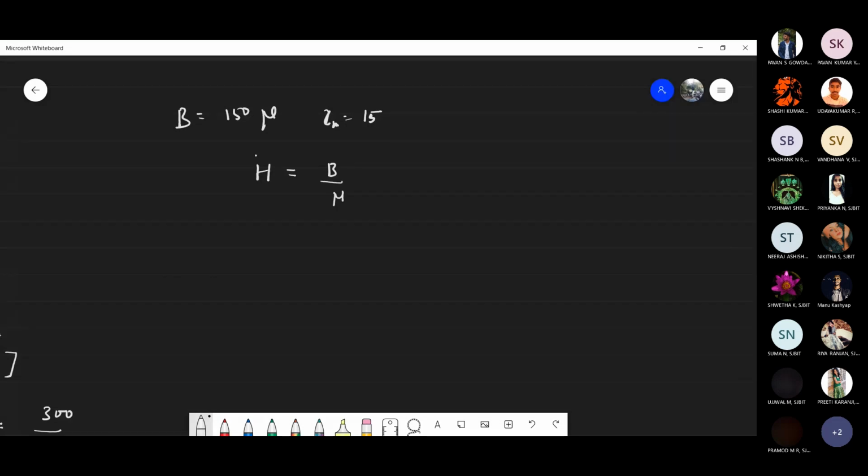mu, which is equal to B by mu naught mu r, which is equal to B by mu naught into 1 plus psi m, which gives 7.46.